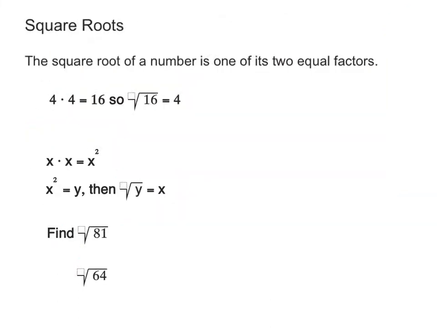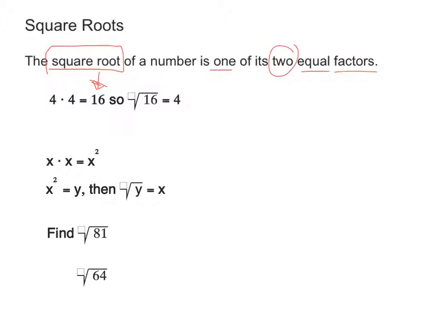Okay, now we're going to go in the opposite direction and start looking at square roots. Take a look at the definition that I gave you here and see if you can break it down to understand its meaning. The square root of a number is one of its 2 equal factors, which means that the square root of a number is, and here's the number they're talking about, one of the 2 factors that multiplied together equal that number.